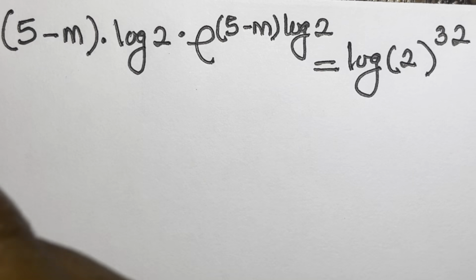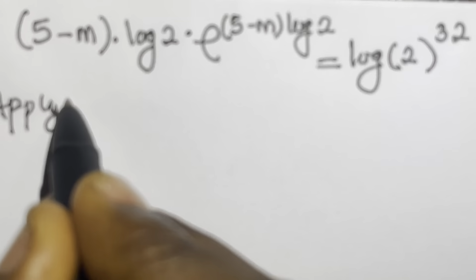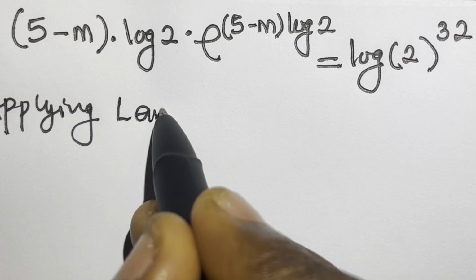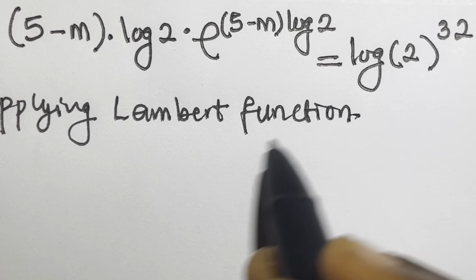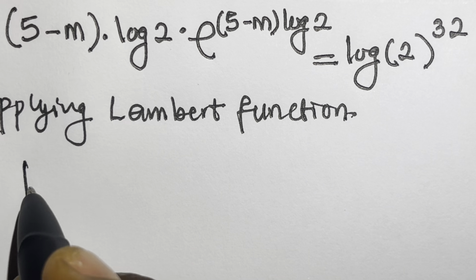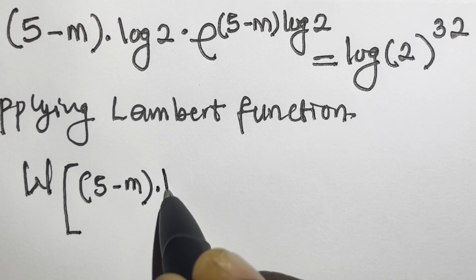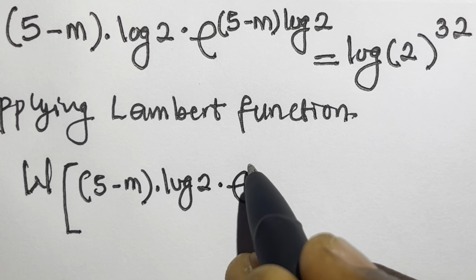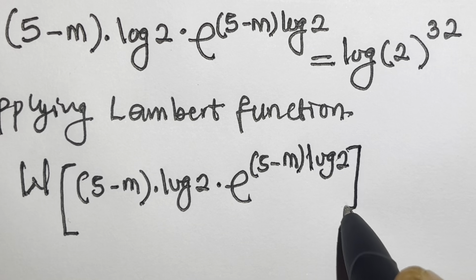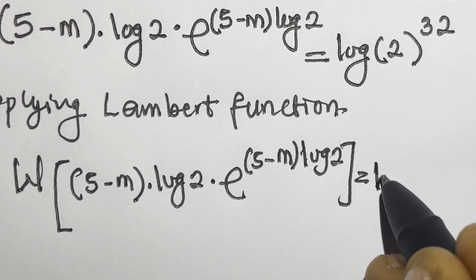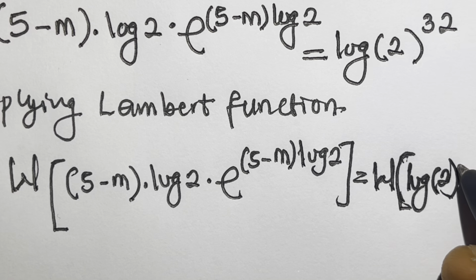Applying the Lambert function, we have the Lambert function of 5 minus m log 2 multiplied by exponential 5 minus m log 2 equals the Lambert function of log 2 raised to power 32.